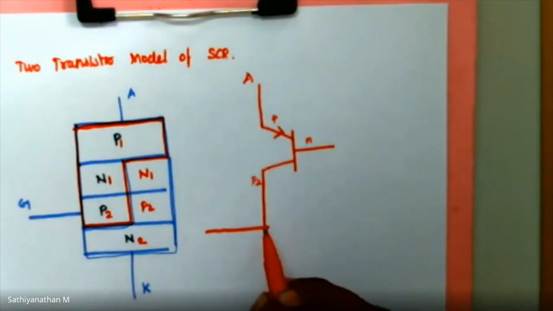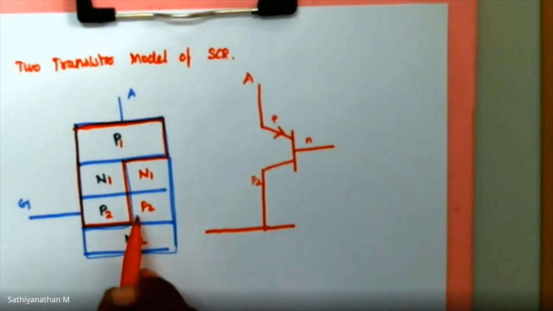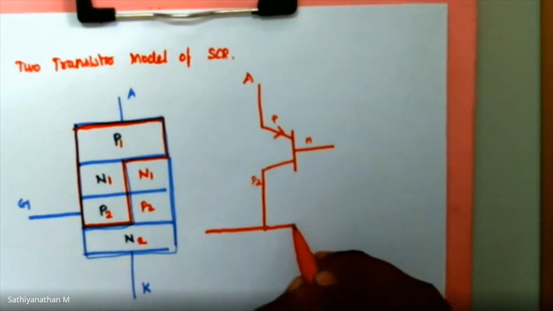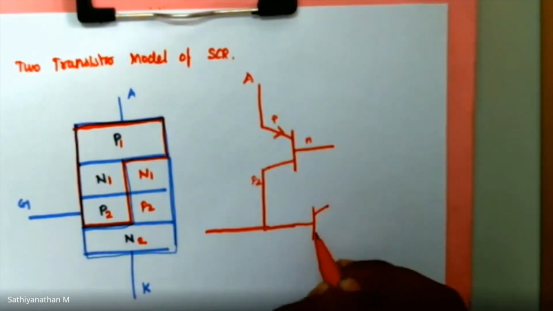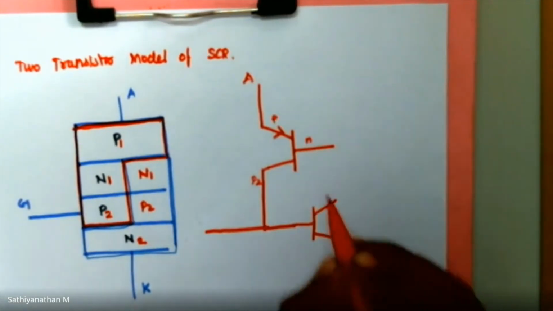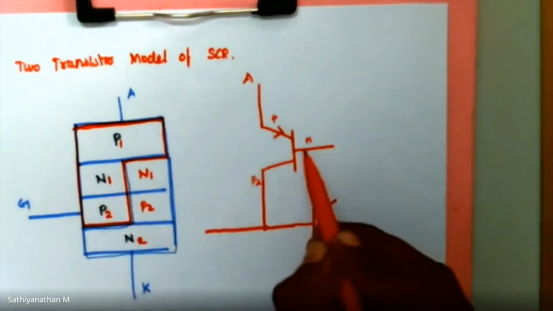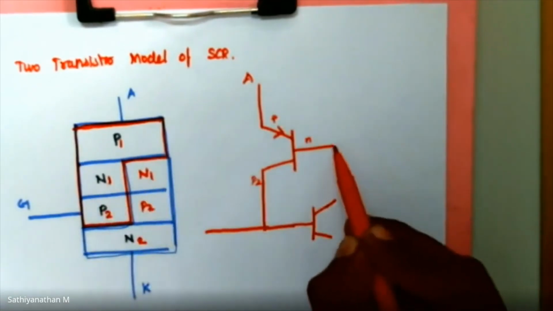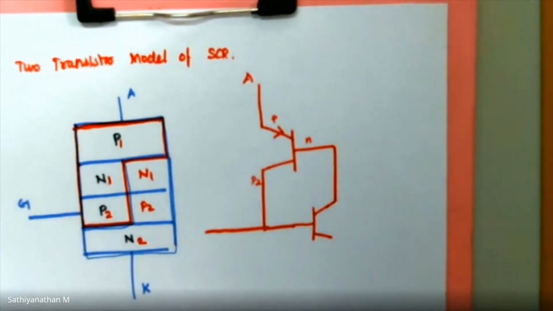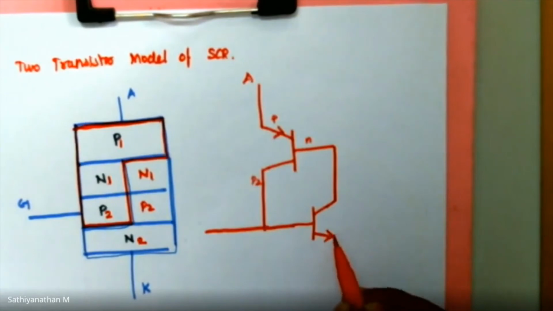And again, it is connected to the NPN transistor base. So these two are interconnected. N and N are interconnected. So this is NPN, and you have an output.